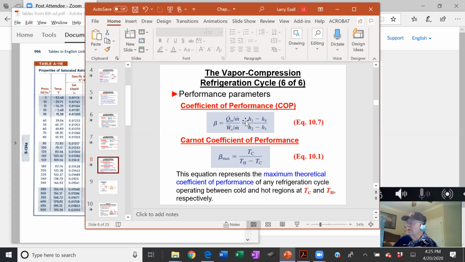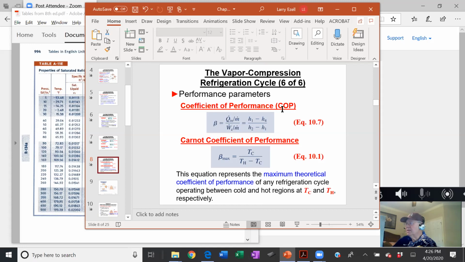Or, well, it's units of refrigeration per units of work. And I mentioned that SEER ratio, seasonal energy efficiency ratio. That's what you see air conditioners rated as. SEER takes the COP, which is dimensionless because it can be watts of cooling per watts of electricity.